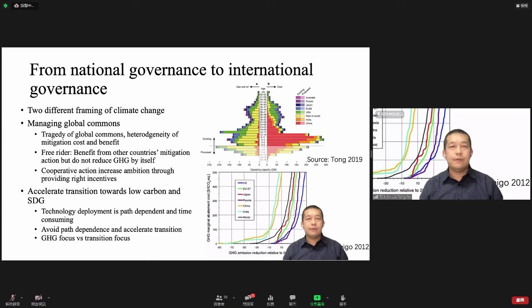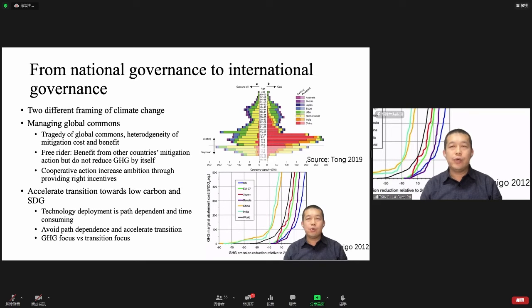Another dimension is at the international level. We discussed national governance within a national context: different actors, different actions, how the United States and China form their targets, how the form of those targets is decided, and how structural factors constrain and shape their objectives.